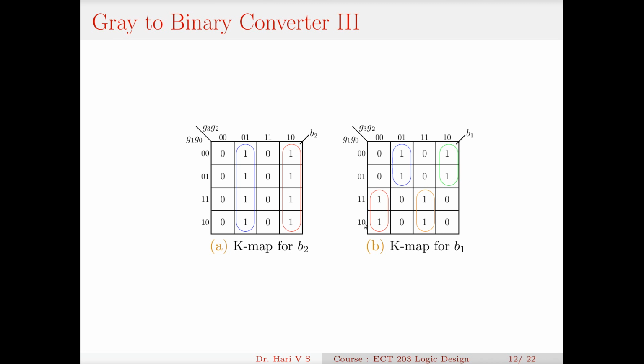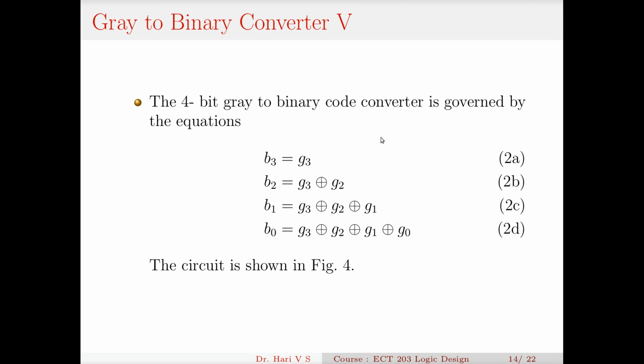What is the value here for this orange one or the red one? I must say this is G1 and G3 complement, G2 complement. Okay, because this happens in one row and one column and two rows. So corresponding to these columns I have G1 and here I have G3 G2, which is 0 0. So it is G1 G3 bar G2 bar. You can see here I have written these steps.